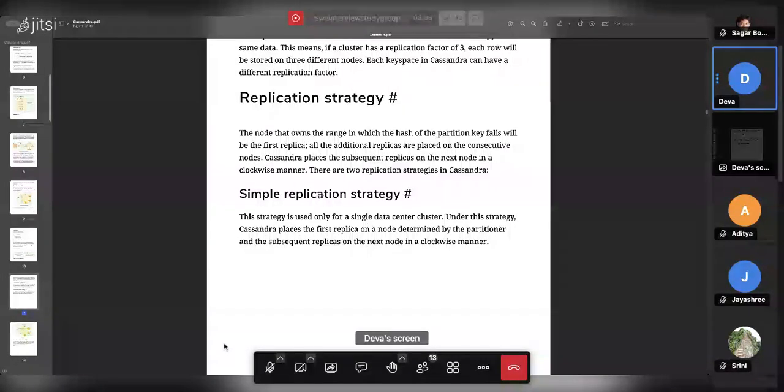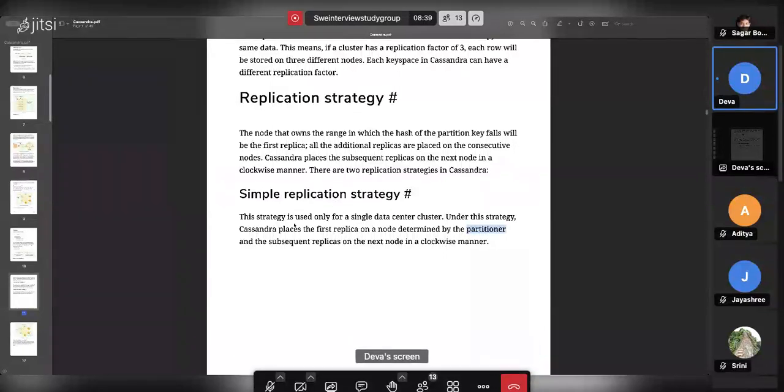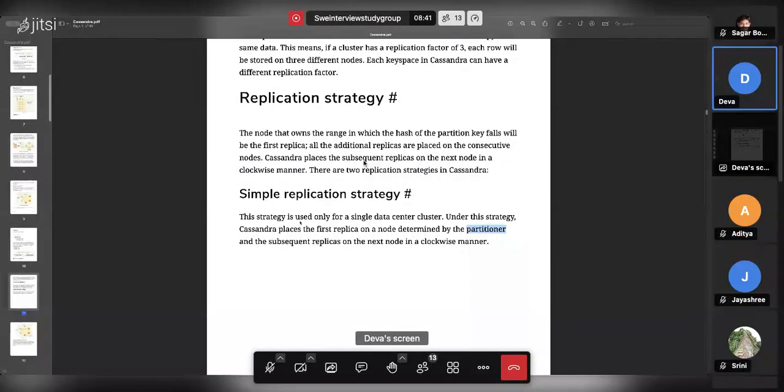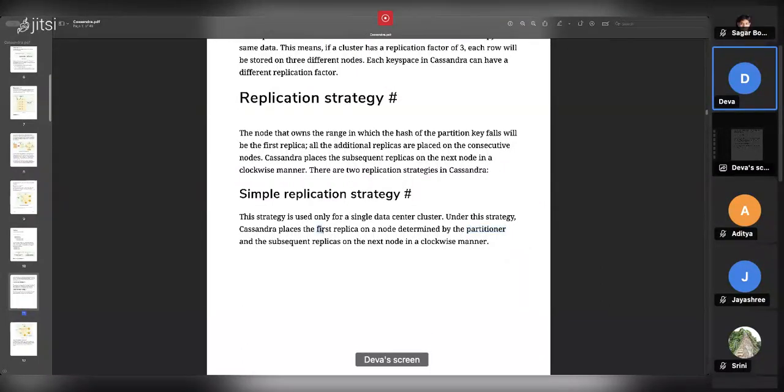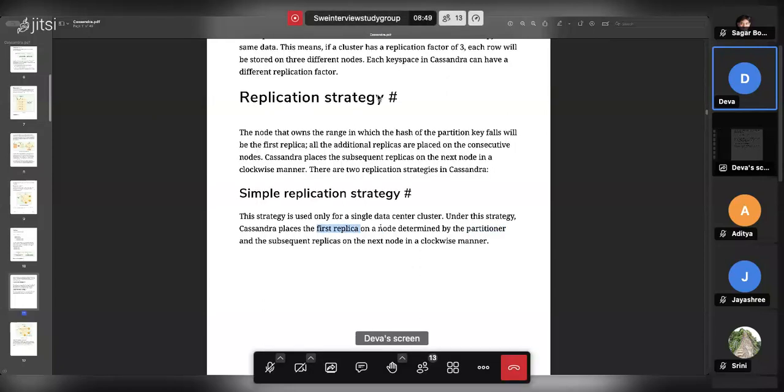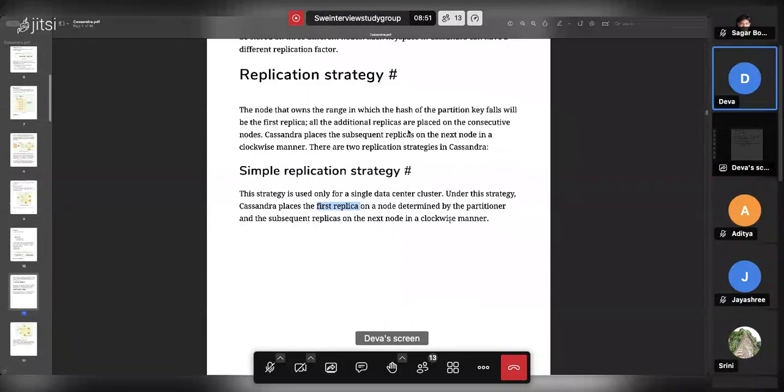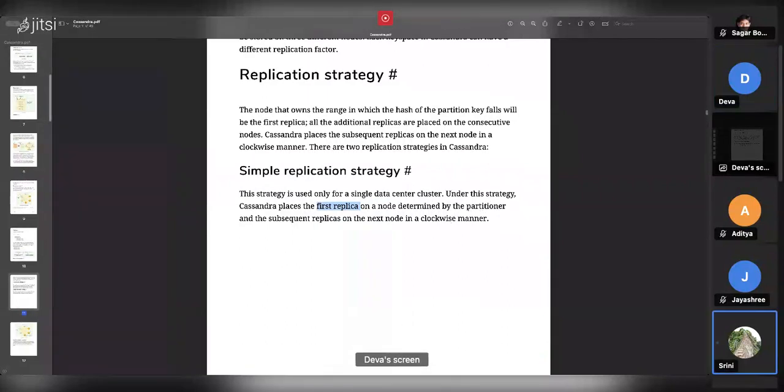So that's about simple replication. Here I have one question about the partitioner. The partitioner is the one who decides the first node, right? Sorry, the first replica. We call the partitioner the primary node for the data that is hosted in that node, right?